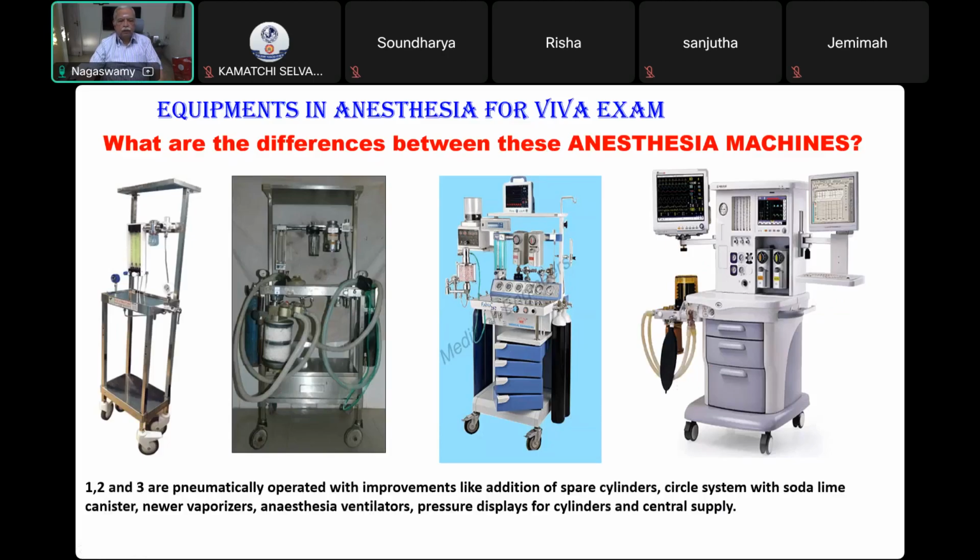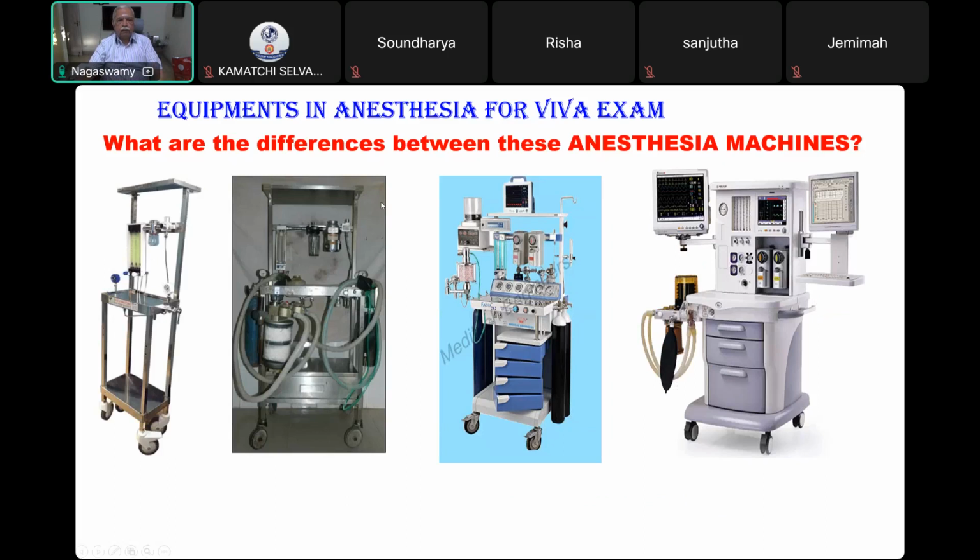So the question on this: what are the differences between these anesthesia machines you notice? They show you pictures like this as an evolution of the anesthesia machines. Just observe the machines and tell me what additions or improvements have been done, and what is the major difference between these first 3 machines and the last one?